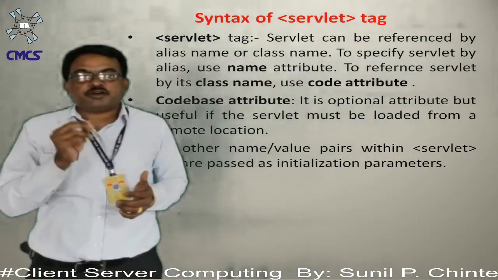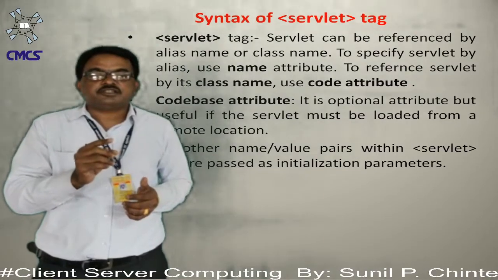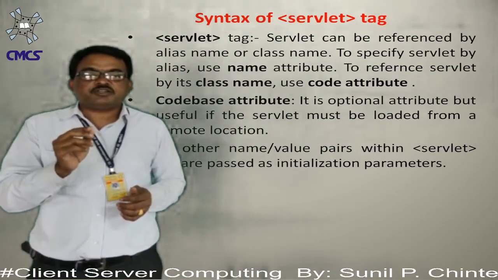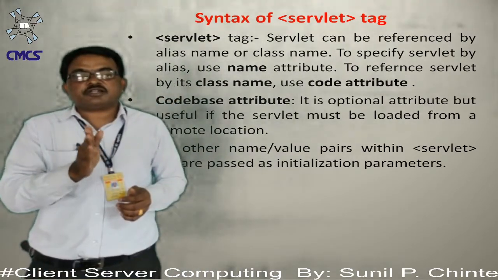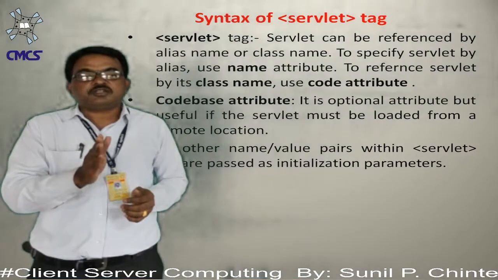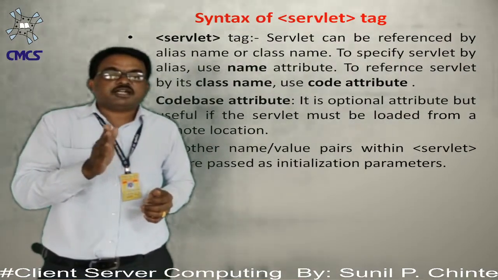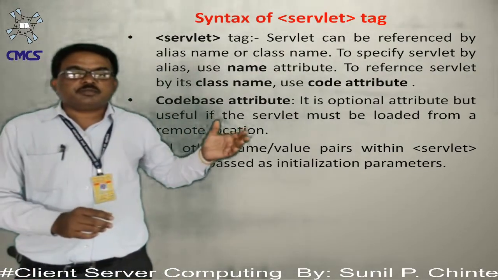Okay, if you want to refer to the servlet by using the names, that time we use the name attribute. Okay, if you want to refer to it by alias name, that time we use the name attribute. If by using the class name, that time we use the code attribute, code base attribute.